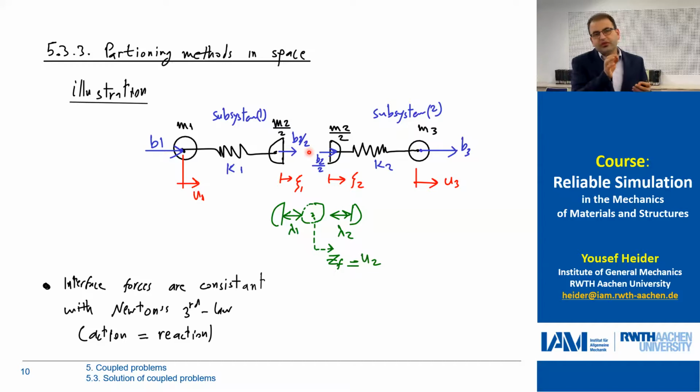It means the displacement at this point for the first subsystem and the displacement at this point for the second subsystem are exactly the same. And this displacement can be represented by z_F equals u2, which is the displacement of the middle mass. So we have now separated this system into two subsystems.